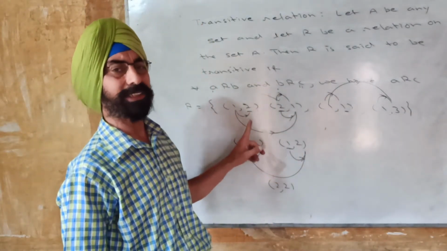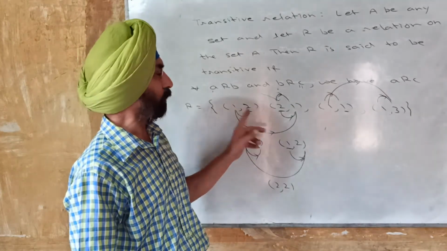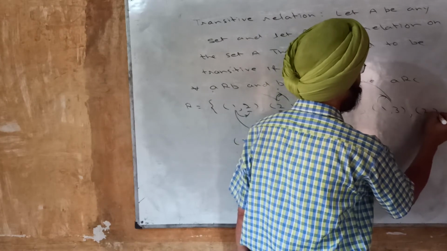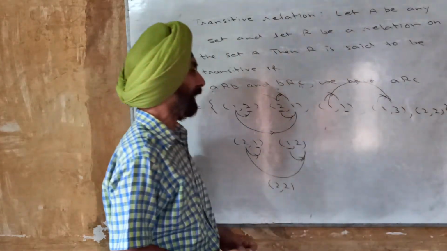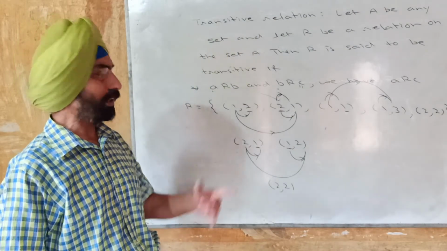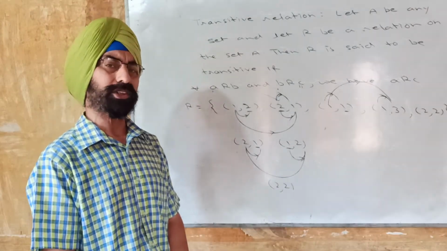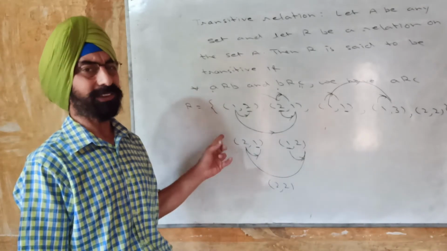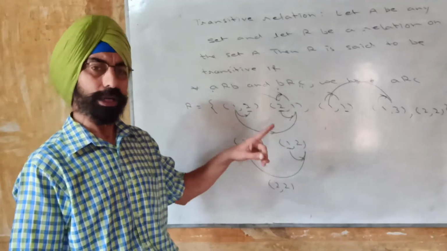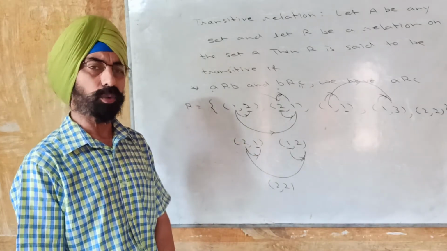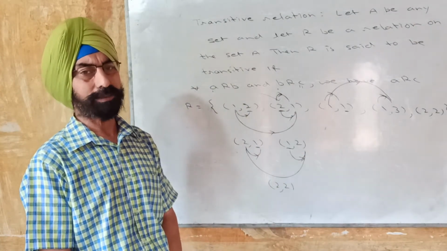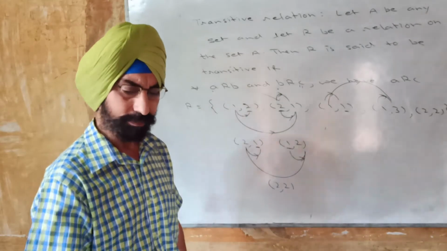That means this relation is not transitive. To make it transitive, we will have to add one more element, that is (2,2). And now this relation is transitive because for every two members of the type A is related to B and B is related to C, A is related to C is true now. Earlier it was not true, so it was not transitive. By adding one or more elements, it becomes a transitive relation.